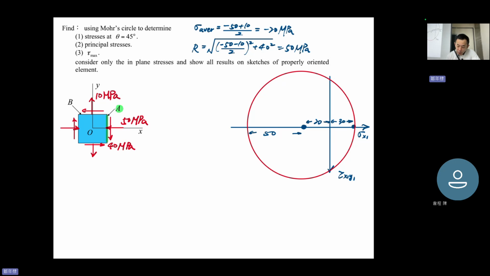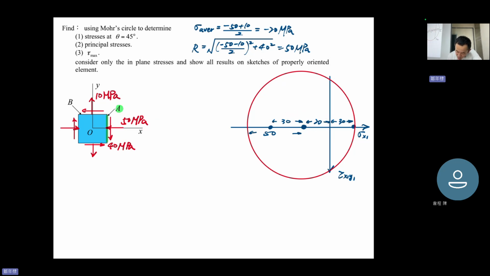Then we need to figure out where is the A point, right? Point A for the plane A. The plane A has 50 megapascal compression and 40 megapascal for shear. But if we focus on plane A, this is a negative shear. So negative 40, and negative 50. You can see here it's 30, in total 50.